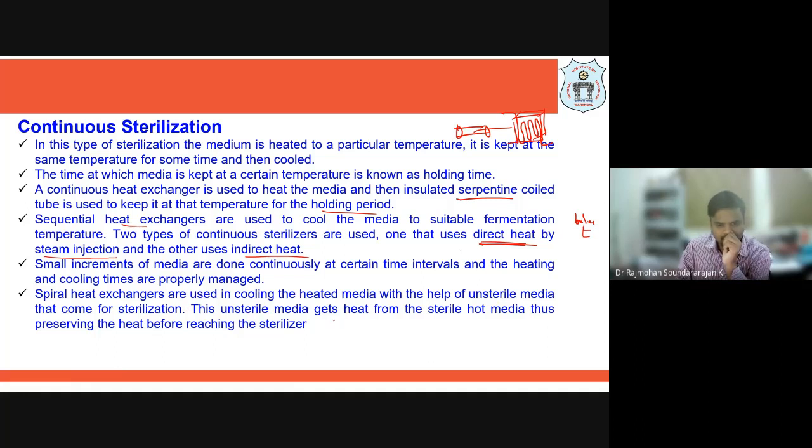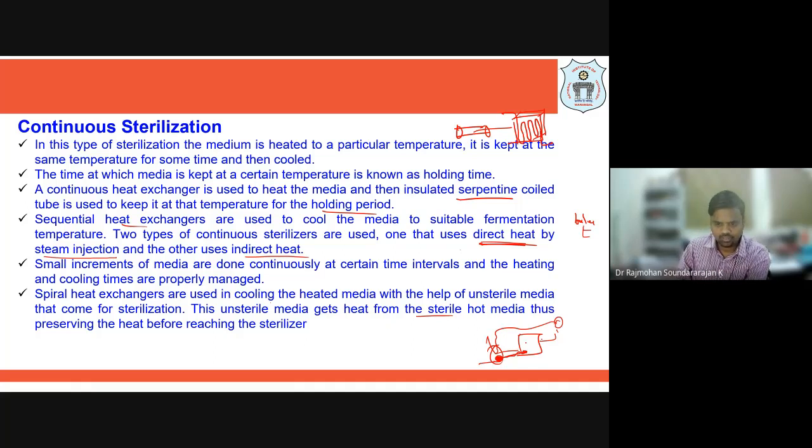This unsterile media gets heated, like preheating, no? The new media which is coming in is used to cool the media that is leaving the system. Usually that's what we do, right? We make use of the heat available from the product stream, so the raw material entering gets preheated before entering the system. That's what we do here also.